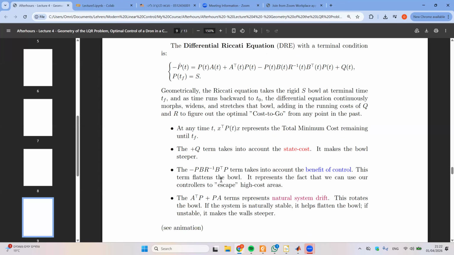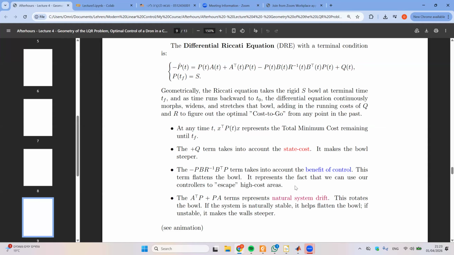Now, the last term is quite interesting. It actually takes into account the actual system, because the system can be stable, in which case the solutions go to 0, and it can be unstable, in which case the solutions go to infinity, and it can be also marginally stable, so the solution is just sinusoidal, so basically it's not going to 0 and it's not going away to infinity.